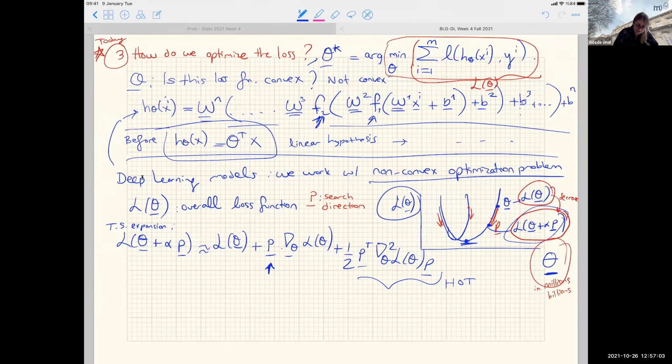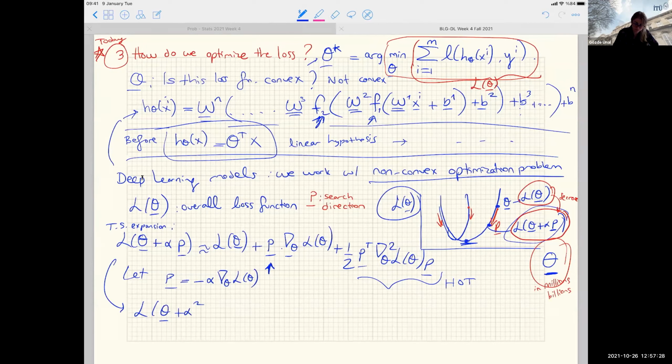We say, guys, let the search direction, I think you guys have a guess, be the negative of the gradient of the loss function. Now insert it into my Taylor series expansion, plus alpha square, right?